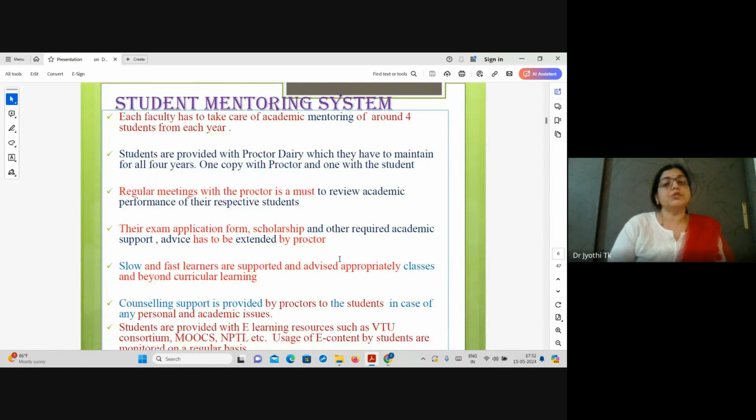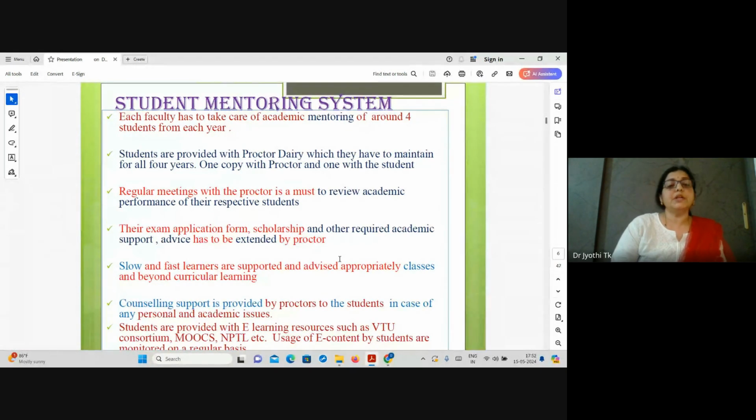We'll start with the student mentoring system. Each faculty in our institute has to take care of academic mentoring of around 4 students from each year. Students are provided with a proctor diary, which they have to maintain for all 4 years. One copy is with the proctor and one with the student. Regular meetings with the proctor are a must, so that we can review the academic performance of the respective students.